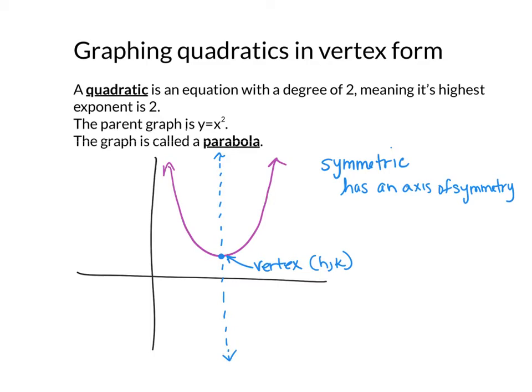Like, you could fold it on that vertical line and you would have the same points on the other side. So this is our axis of symmetry.